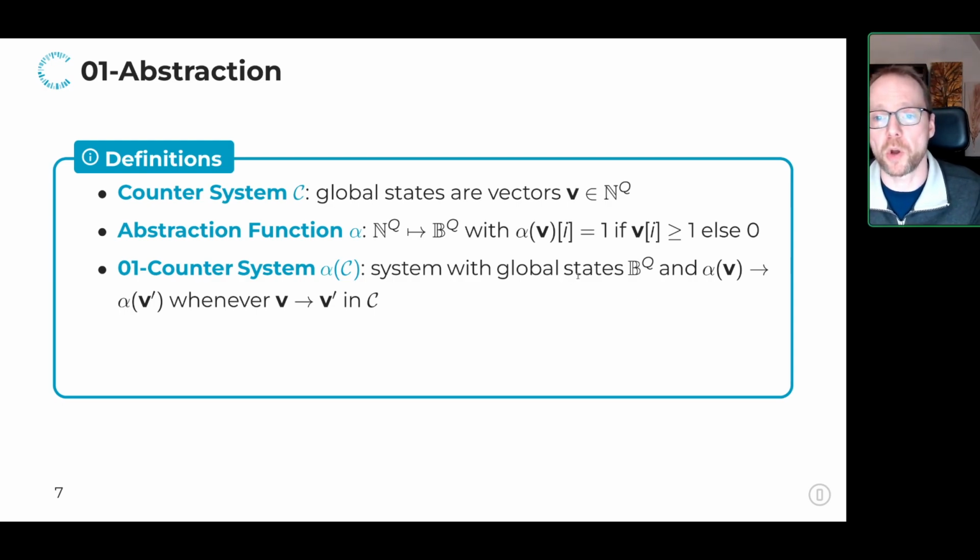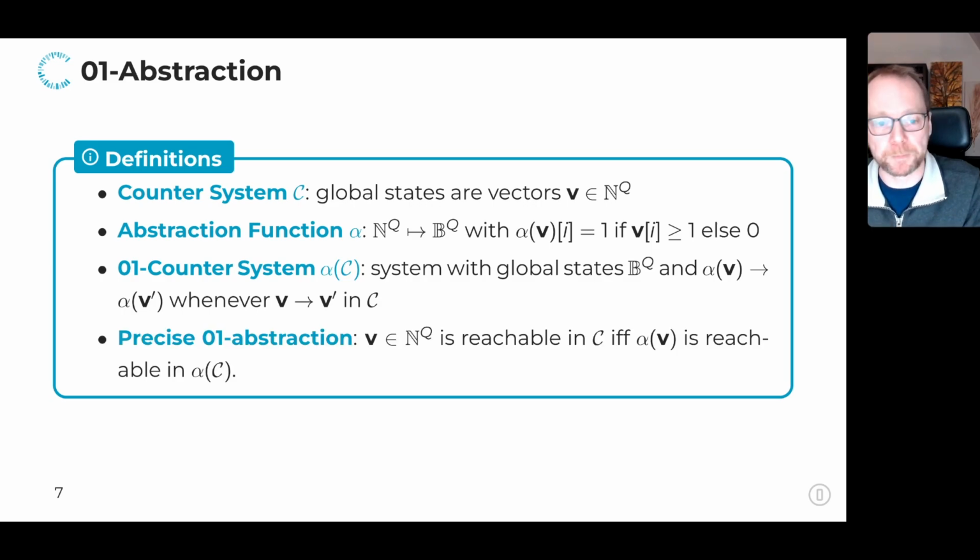So our global states are now these Boolean vectors, and there is a transition between 2 abstract states whenever there is a transition between the concrete states in the concrete system. This is like a standard definition of an abstract transition system.